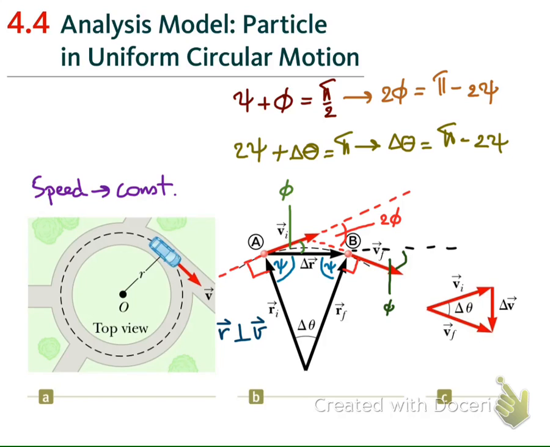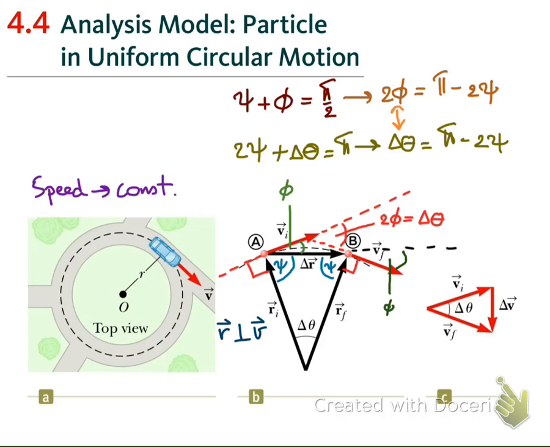And you can see from this equation that 2 phi must equal to delta theta. Okay, it means that this angle 2 phi is equal to delta theta as we expect.